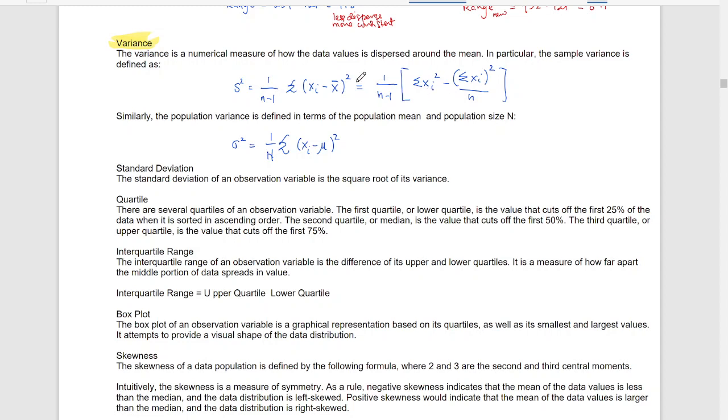Okay, so this is another formula, and this formula can be used with your calculator, because using your calculator you can find the value of summation of x square and also the summation of x. Okay, you can find these two values from your calculator directly whenever you enter your data into the calculator.